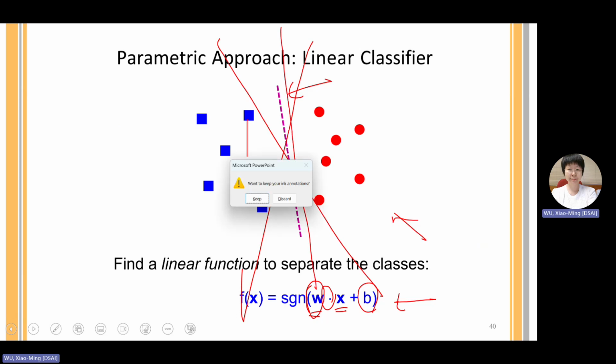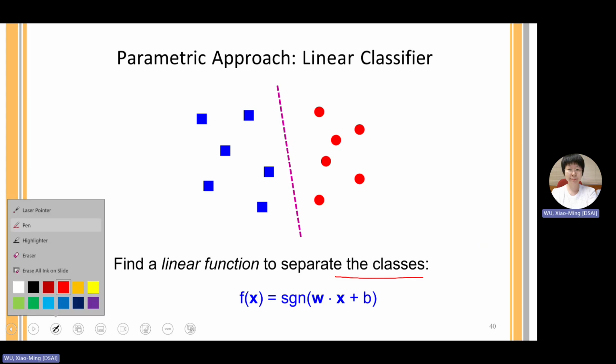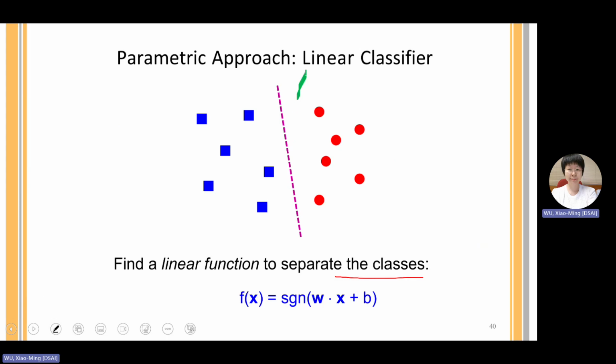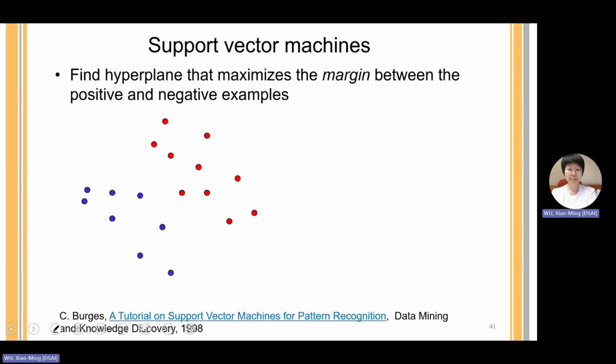This one can also perfectly separate the two classes, and so can this one. So there are many hyperplanes that can separate the two classes. The support vector machine chooses the best hyperplane.